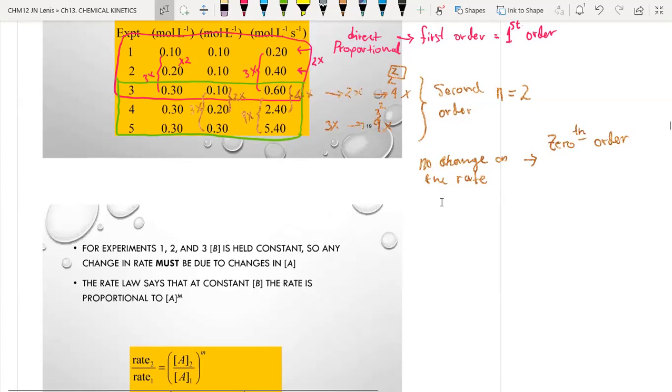We can have a reaction A plus B plus C forming products.